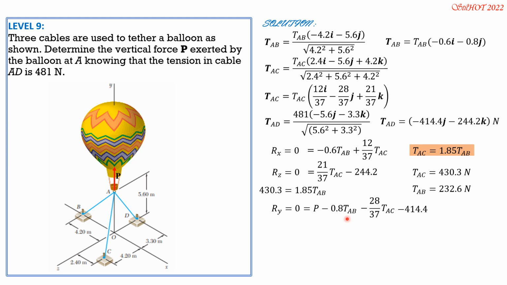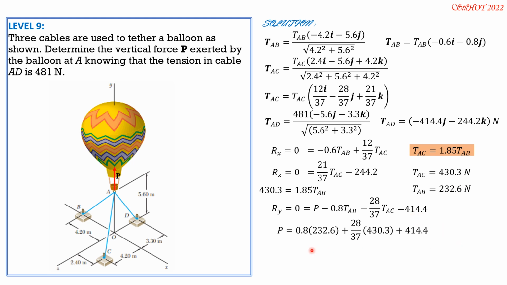Now substitute P. P therefore is equal to, transposing this to the left so they are all positive, 0.8 of tension AB, 232.6, plus 28 over 37 of 430.3 plus 414.4.